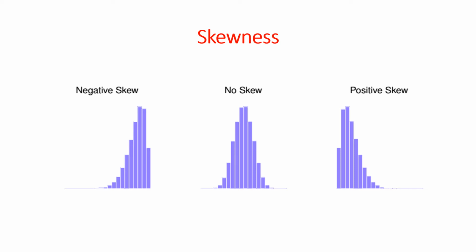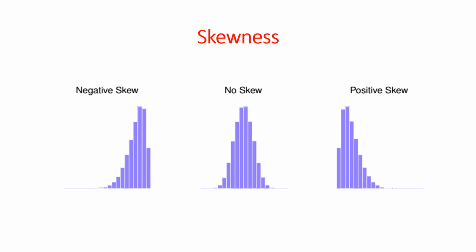In the negative skew, we have a longer tail on the left side of the distribution. So in this case, the mean, the median, and the mode are not placed at the same line. We have first the mean on the left side, and then the median, and then the mode, which is the most frequent observation in our data set.